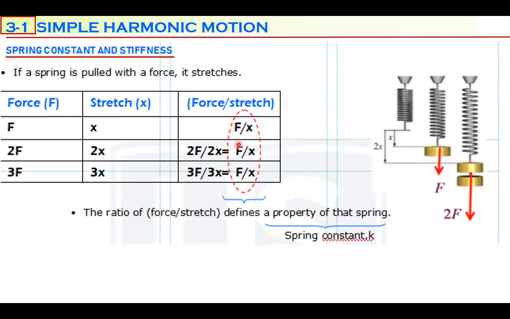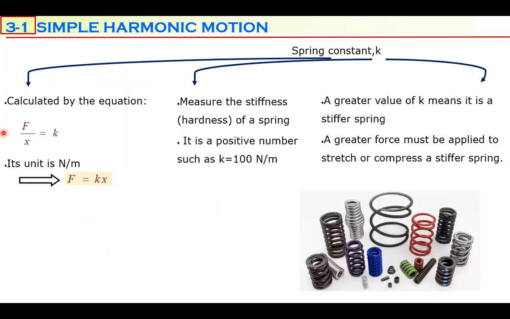This constant number, F over x, force divided by stretching or compression, defines a property of that spring, and that property is known as the spring constant, represented by k. This spring constant is a number calculated by F over x.